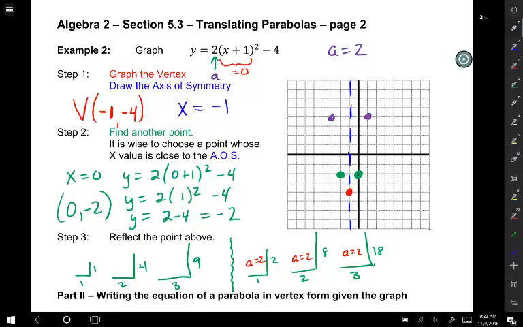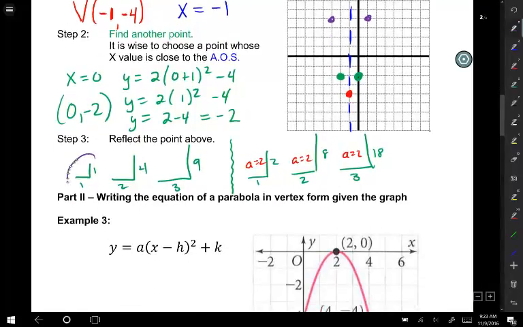So what used to be (1, 1) right here, I stretch vertically twice as high. So (1, 1) stretched vertically becomes (1, 2). And (2, 4) stretched vertically becomes not (2, 4), but (2, 8) right here.